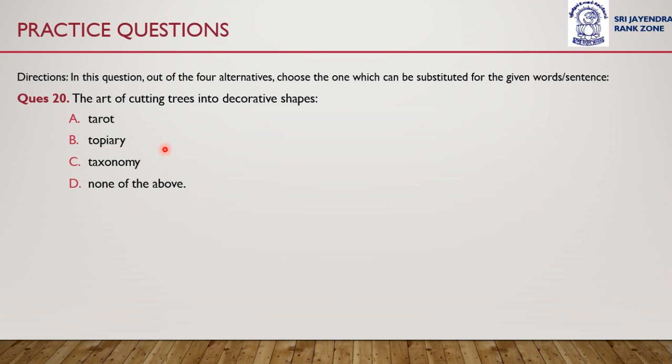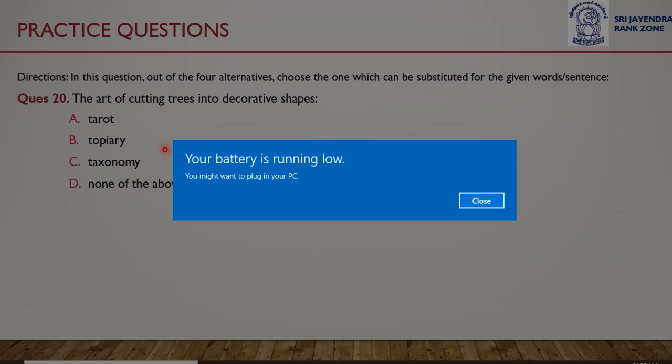Which of these four words can be substituted for the given sentence? Is it option A, terret, option B, topiary, option C, taxonomy, or option D, none of the above?